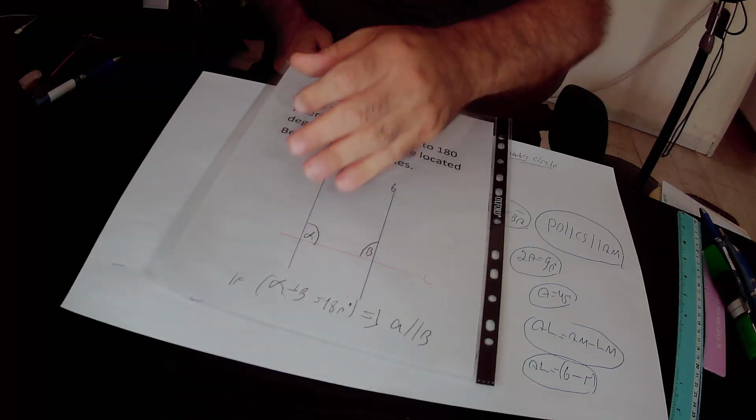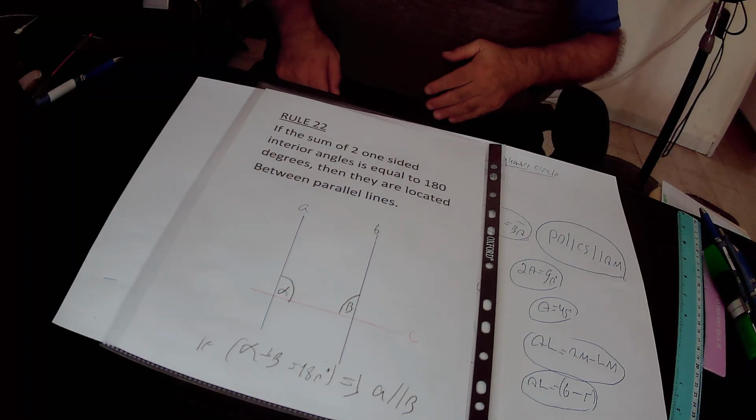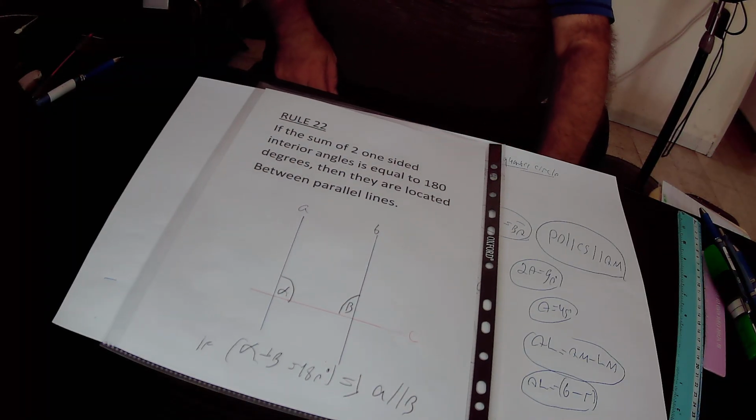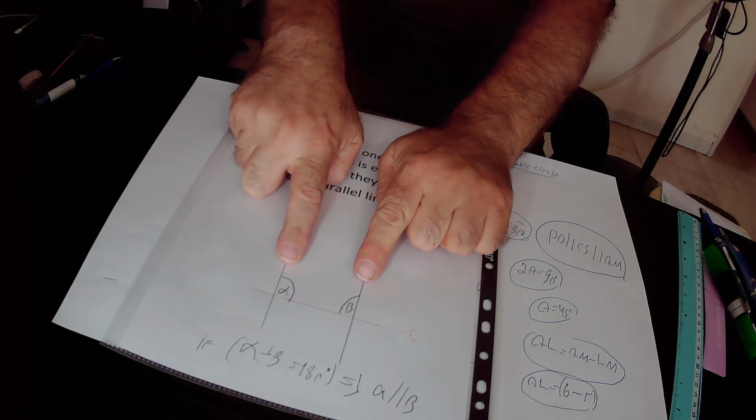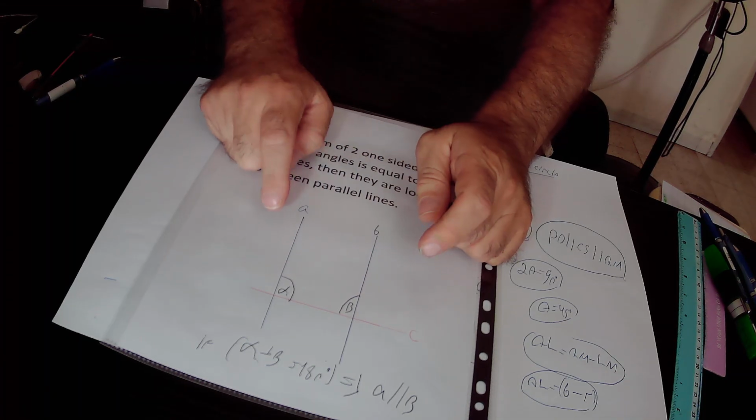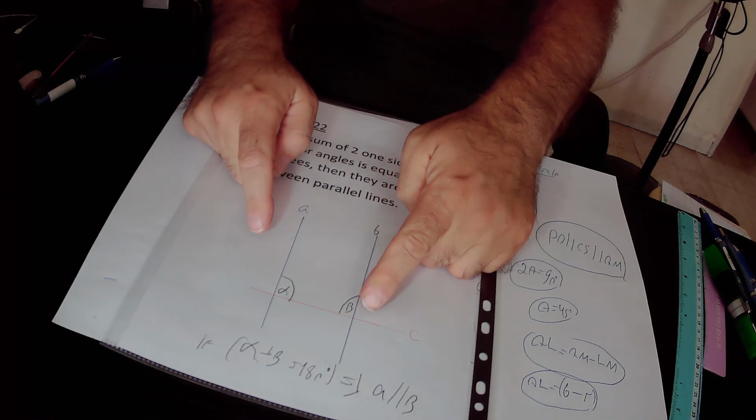According to rule 22, if the sum of two one-sided interior angles is equal to 180 degrees, then they are located between parallel lines. Those two angles alpha and beta are defined as one-sided interior angles. If alpha plus beta equals 180 degrees, then they are located between parallel lines. That is to say, line A is parallel to line B.